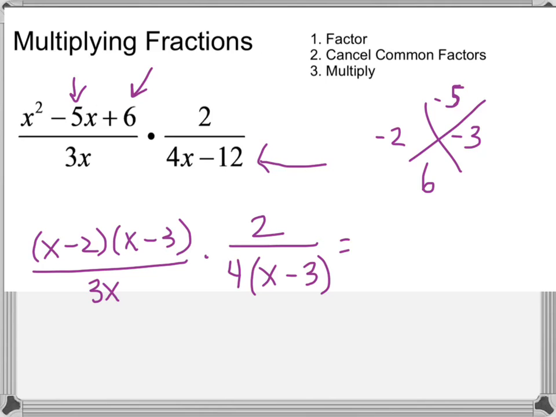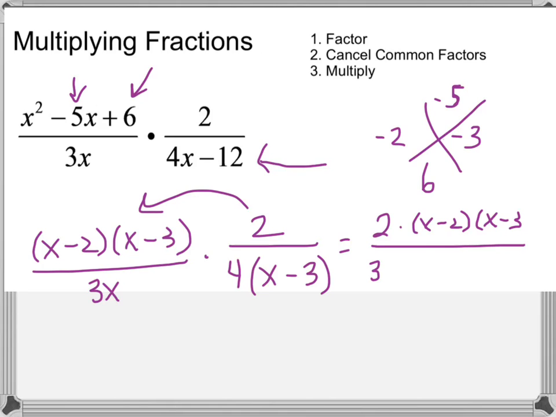Okay, now what we can see here is, you don't have to rearrange it this way, but let me just show you if I rearrange the top here. The top is really just 2 times x minus 2 times x minus 3. So I went ahead and I multiplied these two numerators. And the bottom here is 3x times 4 times x minus 3.